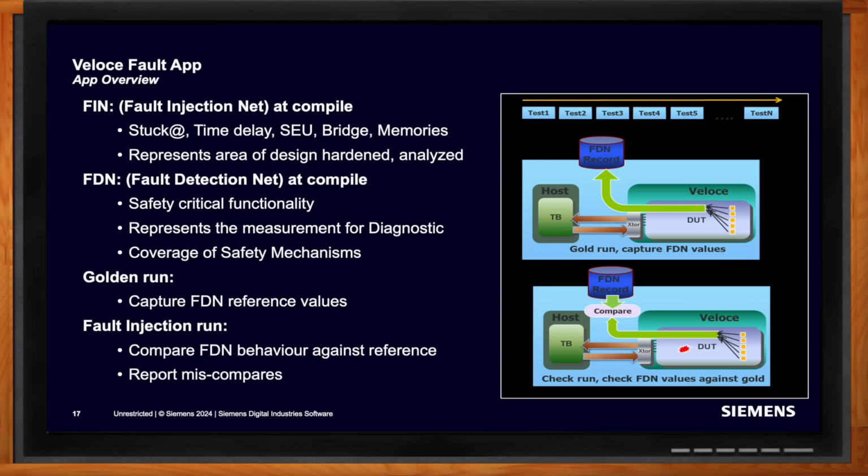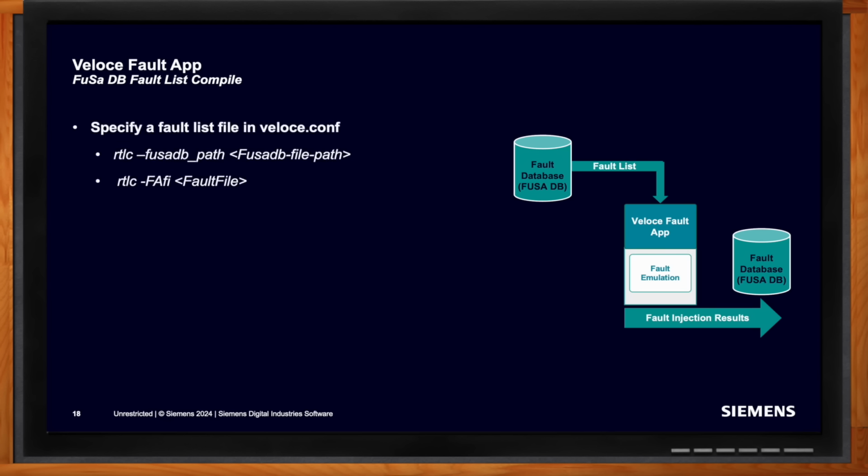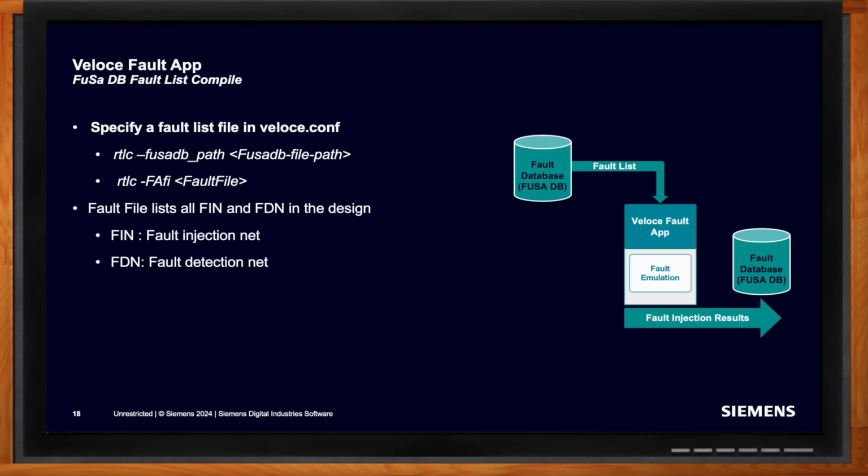So this is a typical way that the user would compile. Basically, you specify the FusaDB and the fault app switch in your Veloce config file. That Veloce config file and the FusaDB path contains the list of FINs and FDNs. That is what specifies the fault list. That is the nets that you want to inject faults on. And the FDNs are your software or hardware safety mechanisms.